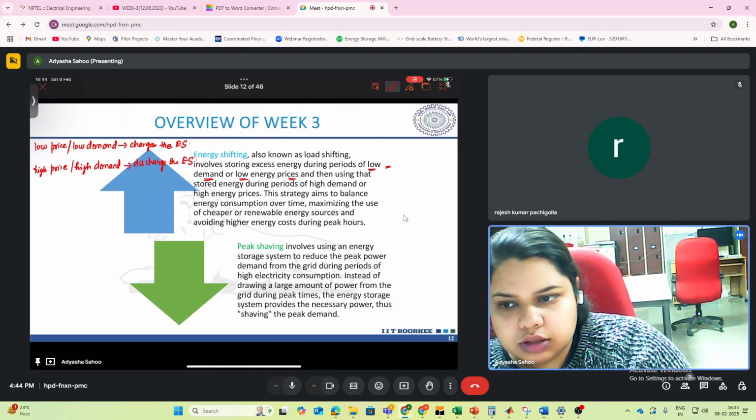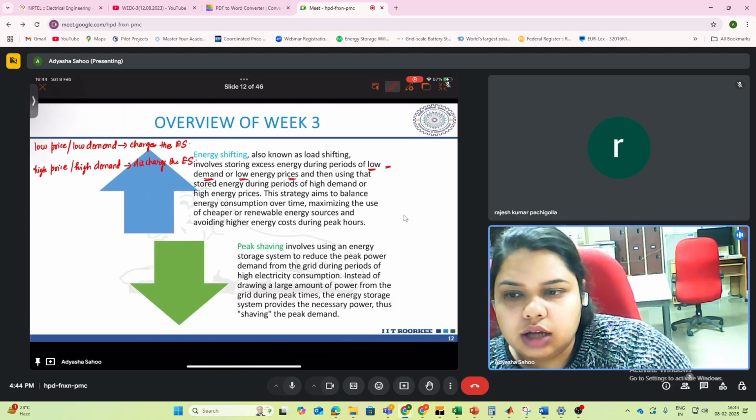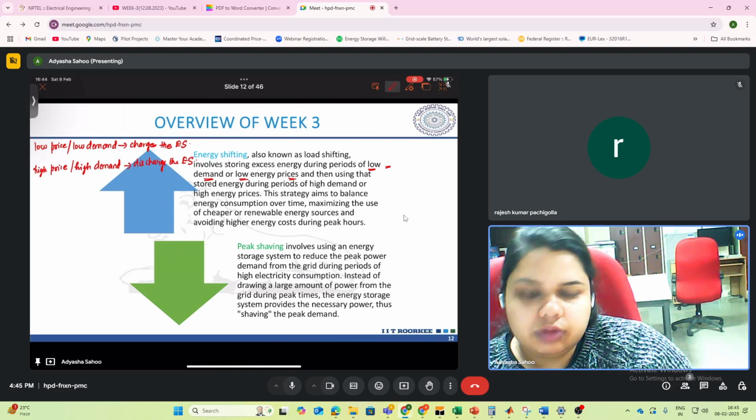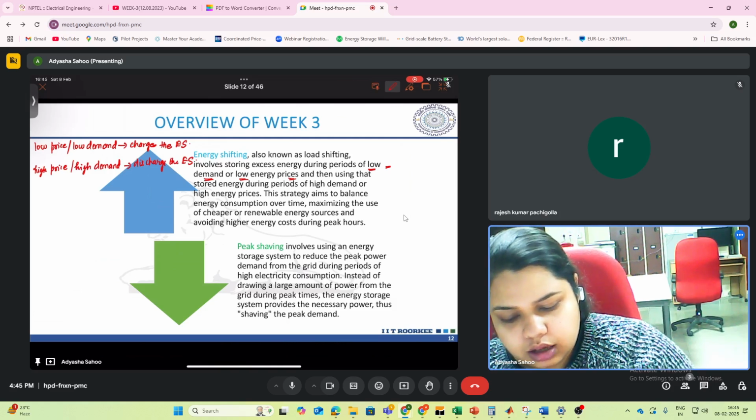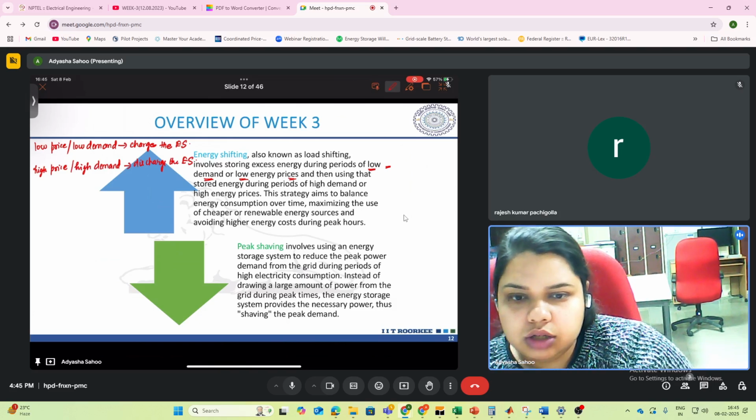So that way, we avoid the higher energy cost during the peak hours and we maximize the use of renewable energy sources. And what happens in peak shaving is that we try to reduce the peak power demand on the grid during the periods of high electricity consumption.